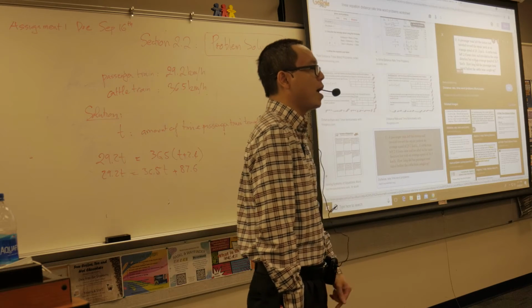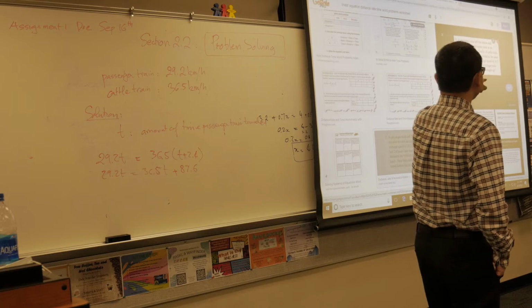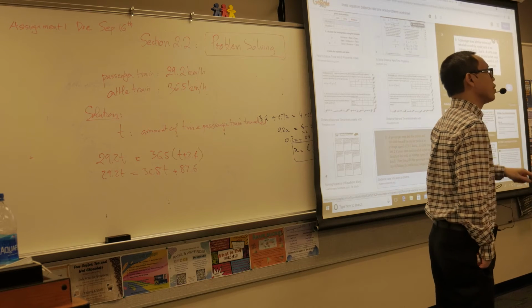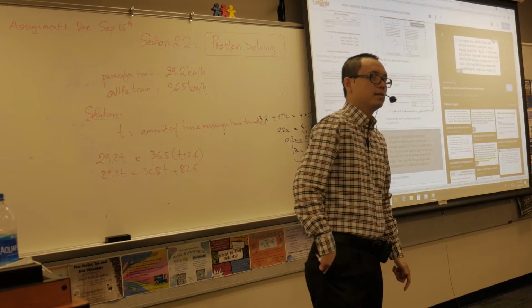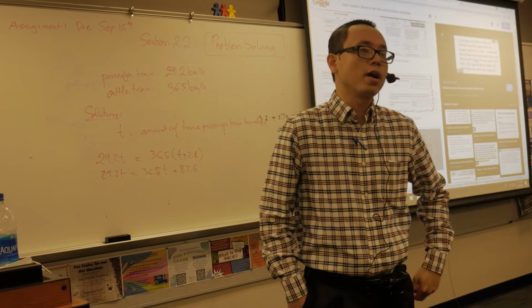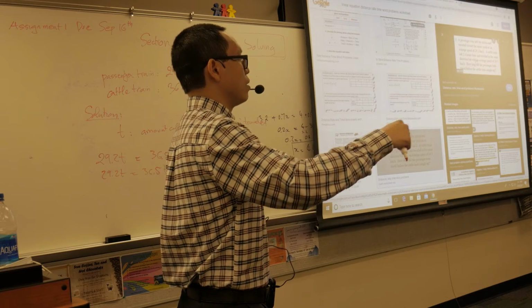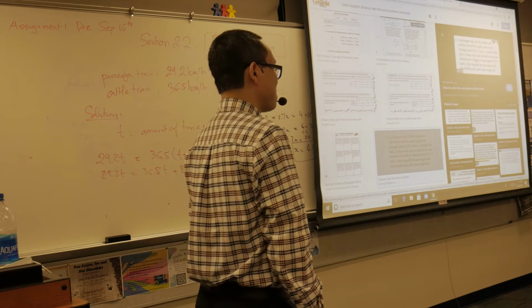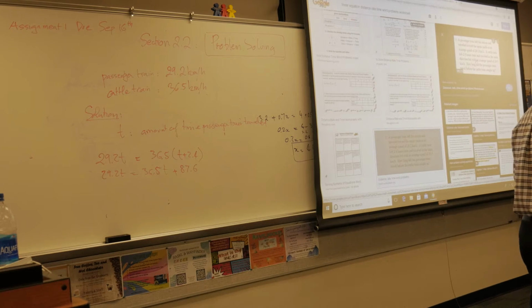It's 2.4 hours later, that cattle train already caught up with the passenger train. So that's the question we want to ask. It's traveling less or more? Less. It's not more. So you got it right.